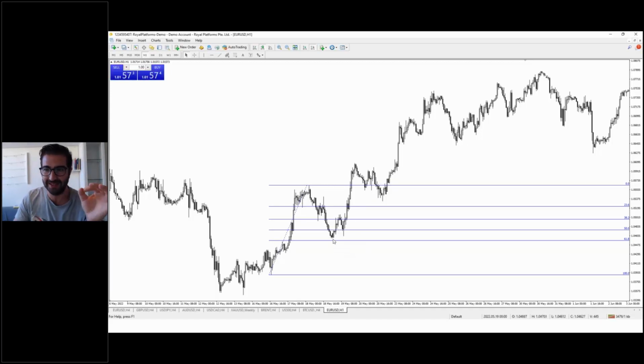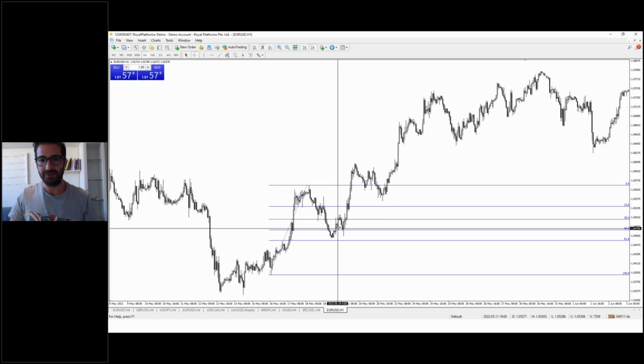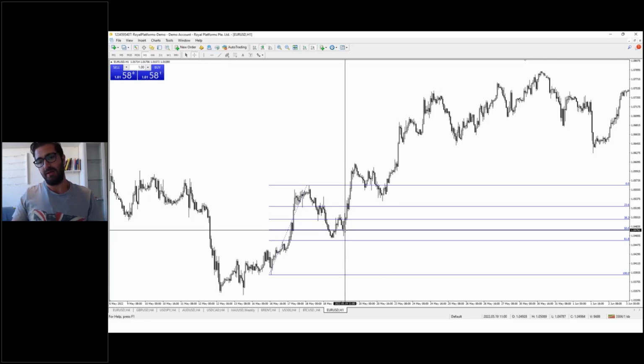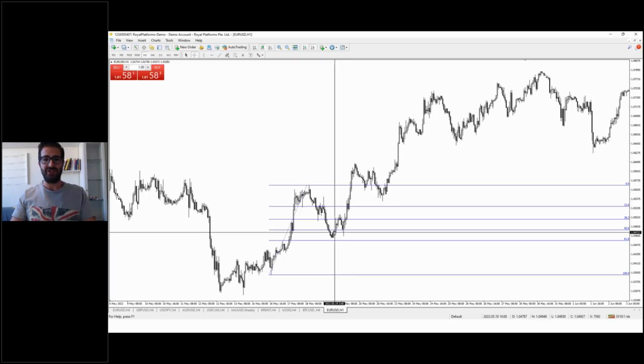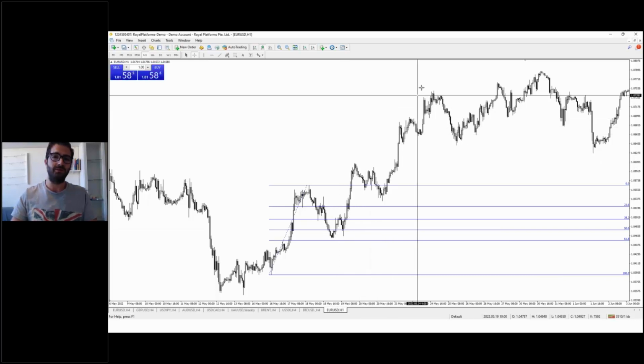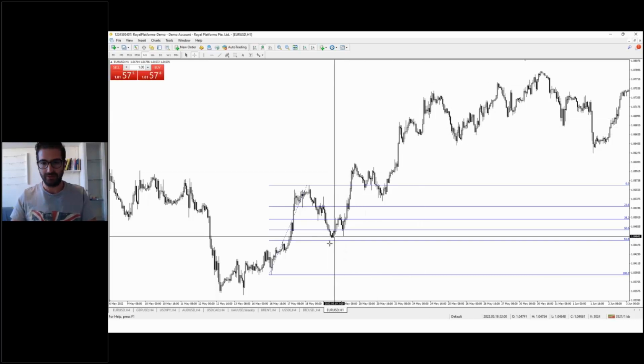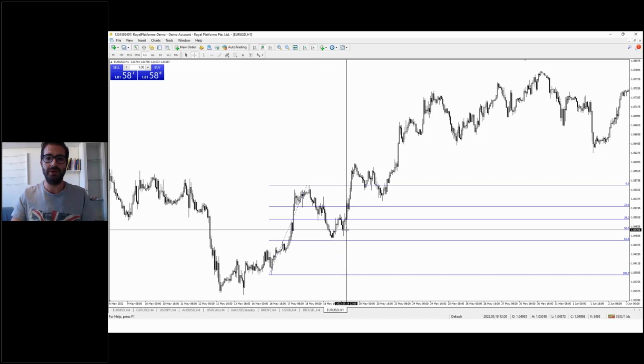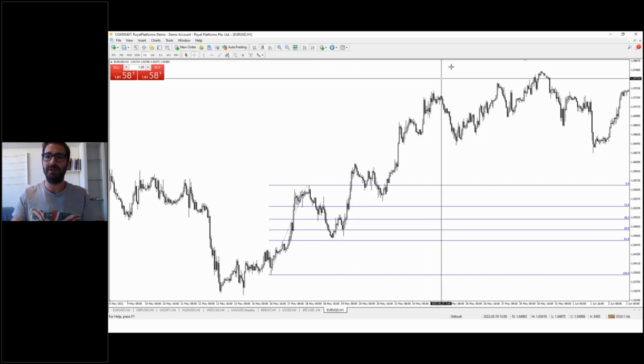It's not exactly at the 61.8, which is normal. Nothing is perfect. This is the market. But if you look at the 50%, we have a more accurate reaction. And then after it, the market moved to the upside. So you could buy either around 61.8 or at 50%, and then the market moved to the upside.